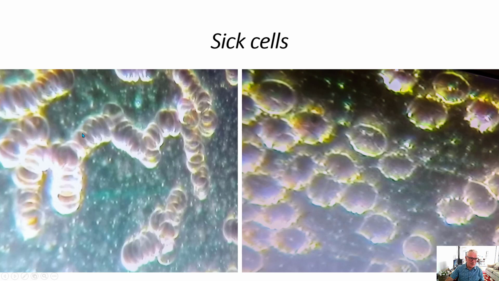Look at this one. You've got cells stacked like coins. In the background, you've got a lot of undigested fat, so the digestion's not working great. Hardly any oxygen, no electricity, no negative charge, because when there's a negative charge, the cells separate. This is all very important.